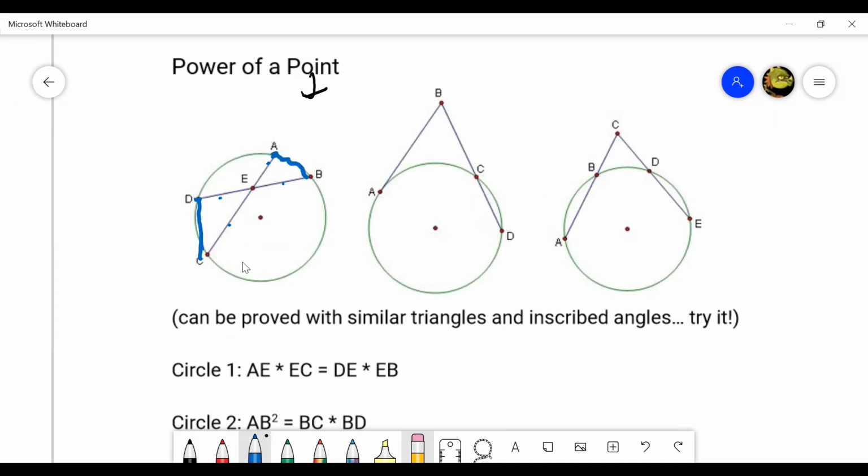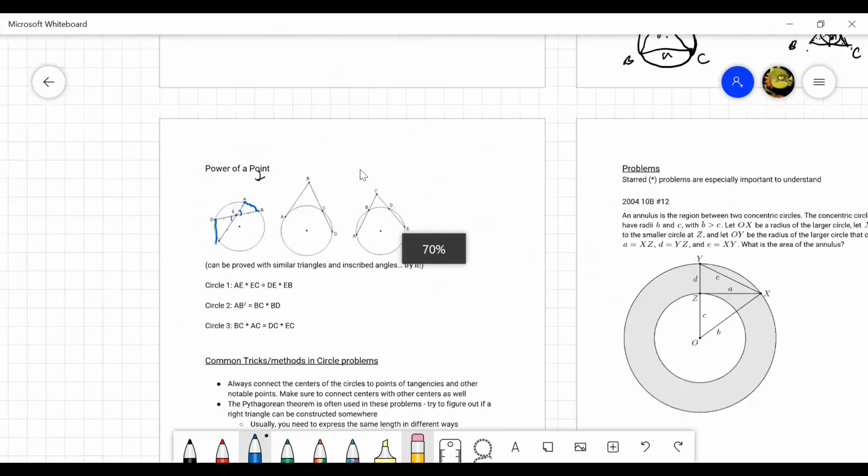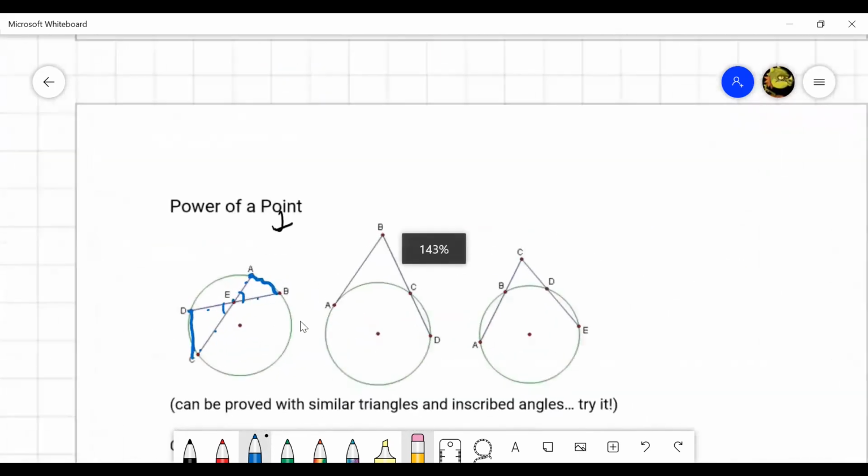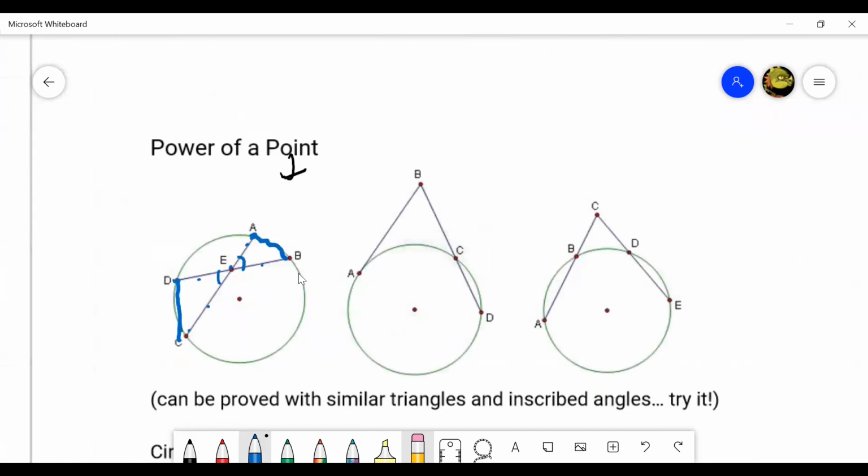Basically, from vertical angles, you have angle DEC is equal to angle AEB. And then from the inscribed angle theorem, you have angle ABD equals angle ACD.